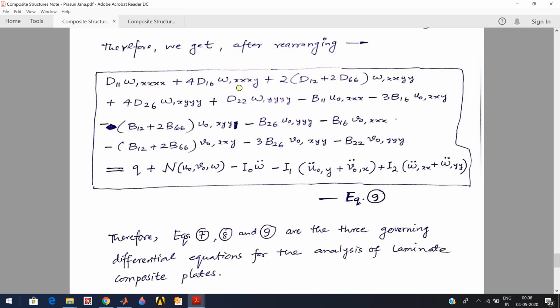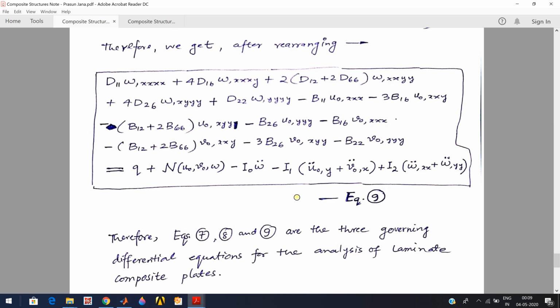It has the elastic constants Dij as well as Bij, and then on the right side you have q and N, where q is the transverse load, and this capital N is the nonlinear term which relates the in-plane forces Nxx, Nyy and Nxy, and I0, I1 and I2 are the inertia terms.